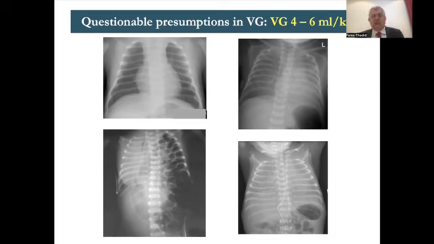But look at these 4 types of lung. On the left up, we have quite a healthy lung. He might take 6 or 7 or 8 mil/kg easily. That one, we cannot say he should be having 4 to 6 mil/kg like the previous lung. We have all his left lung taken by the diaphragmatic hernia, and his right lung is pushed away, so we have not much lung to fill.